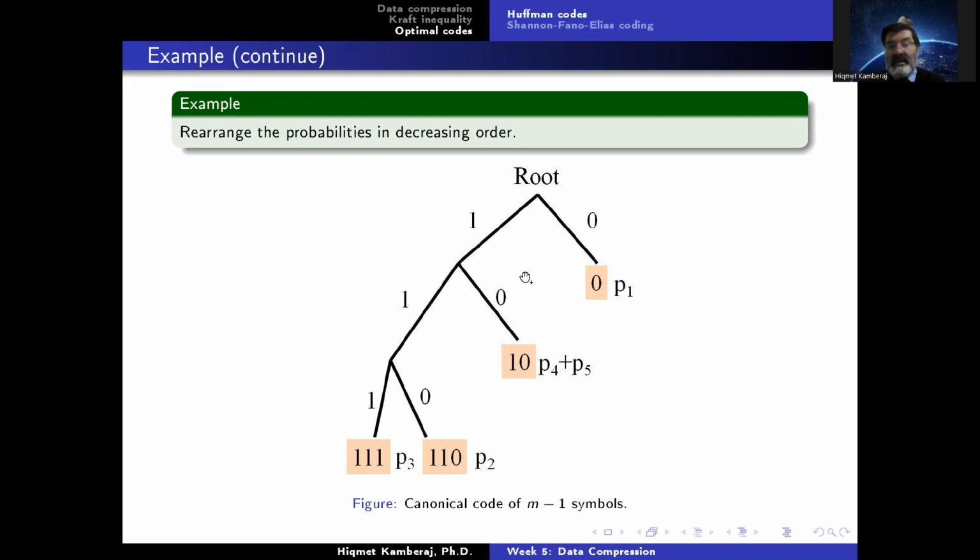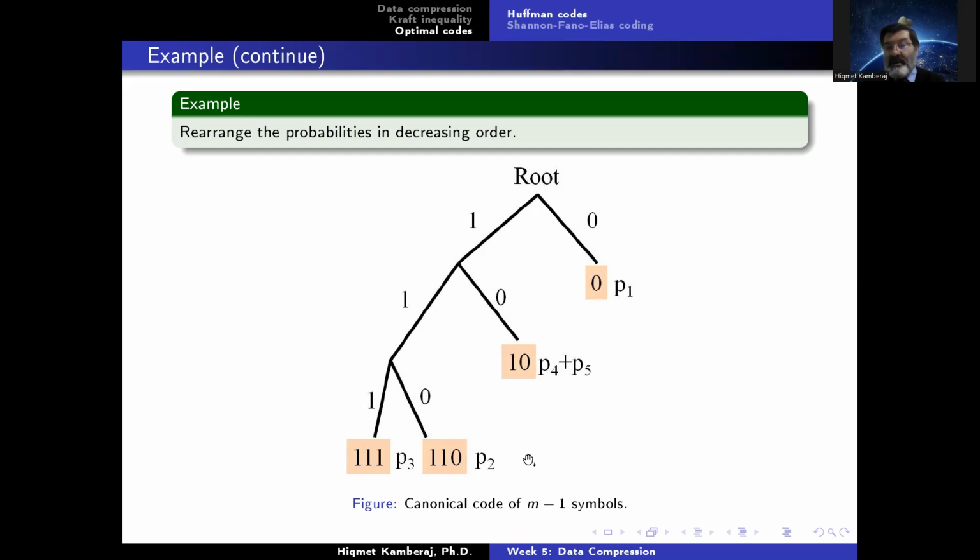Now it cannot come as 1, 1. Why? Because if it comes there, then, because I have to have a prefix code, all the branches that are descendants of it would be deleted, but I cannot delete them there. So I have to put p_4 plus p_5 here. It has to be 1, 0.